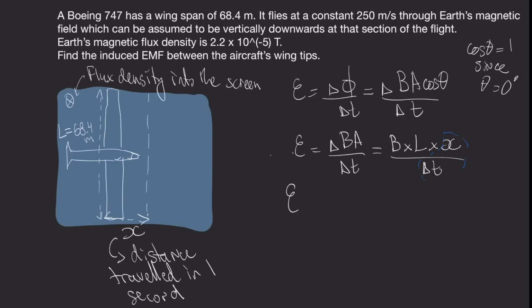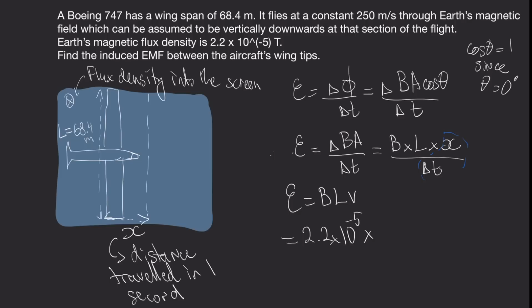So this means that our induced EMF is simply going to be equal to BL multiplied by the speed v, which is going to be equal to, well, our magnetic flux density is 2.2 times 10 to the power of minus 5.